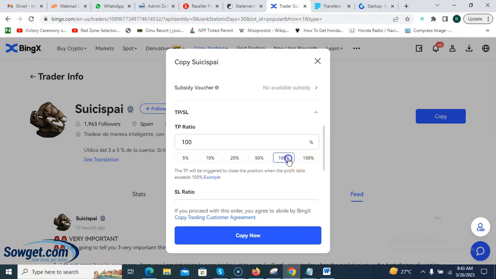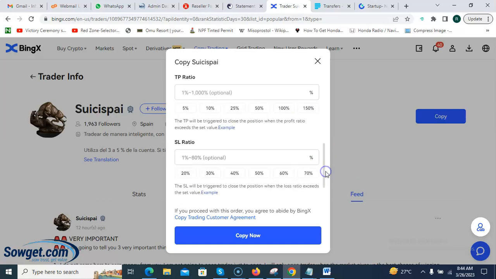You can set 100%, you can set 150%, but for me, I always leave the TP and stop loss fields blank because I always leave the trader in full control. But you can always be in full control yourself. If you want to set anything, you can always do that yourself.